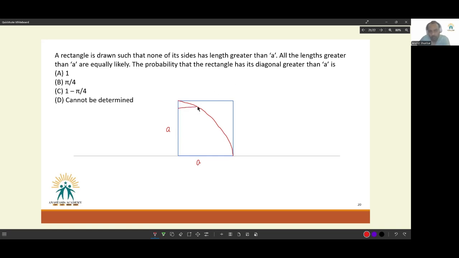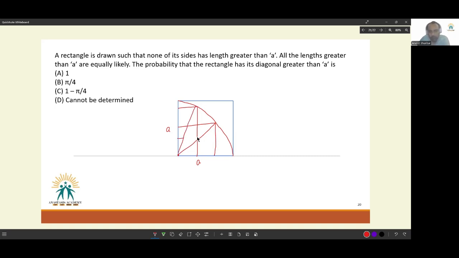Can you see all the rectangles for which this is one side, and the opposite vertex to this lies on this arc will have its diagonal equal to A only.